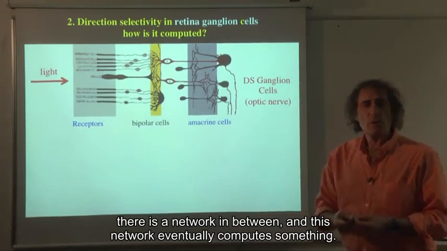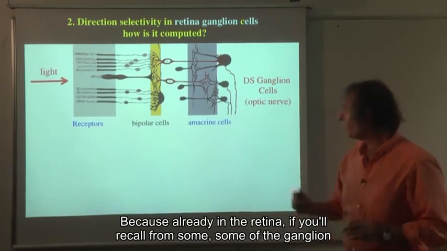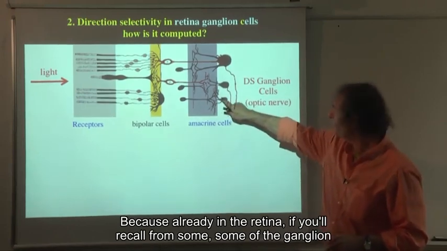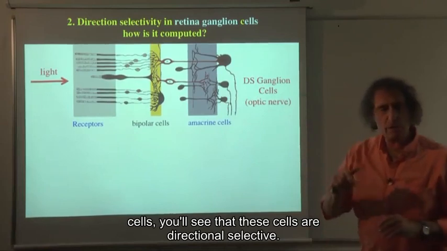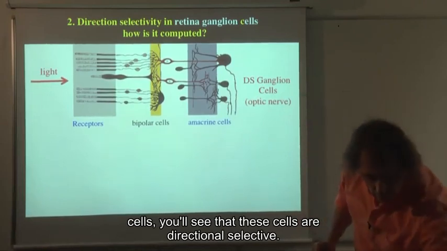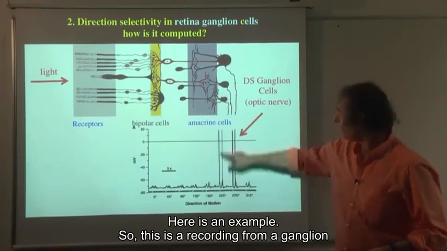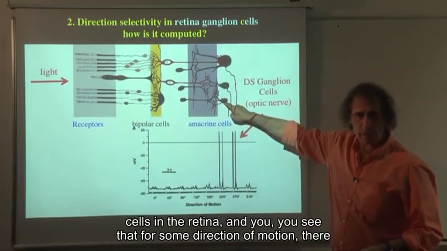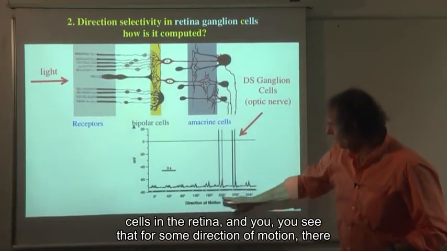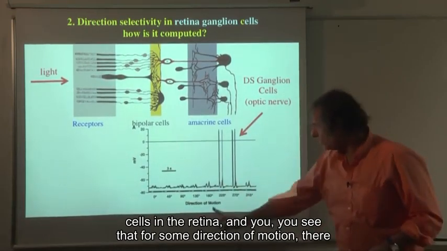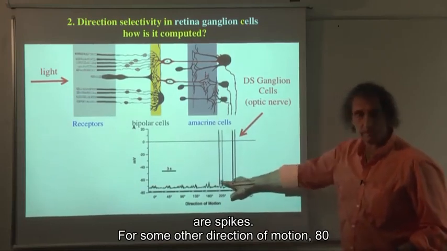And this network eventually computes something, because already in the retina, if you record from some of the ganglion cells, you see that these cells are directional selective. Here is an example. This is a recording from a ganglion cell in the retina. And you see that for some direction of motion, there are spikes.